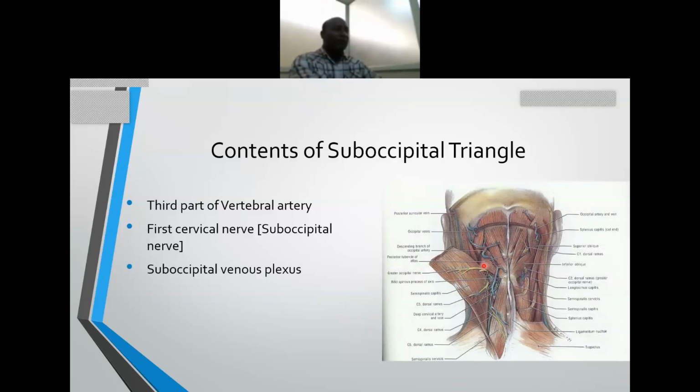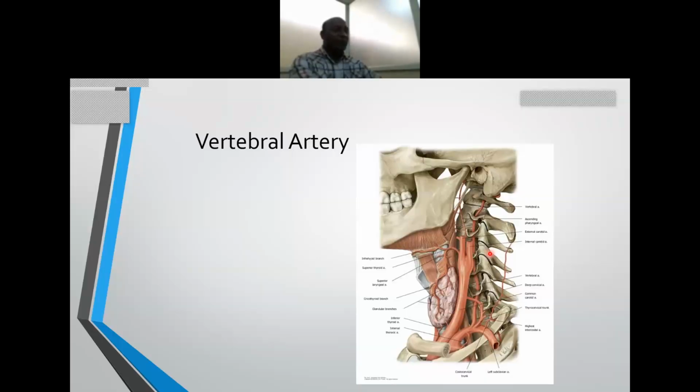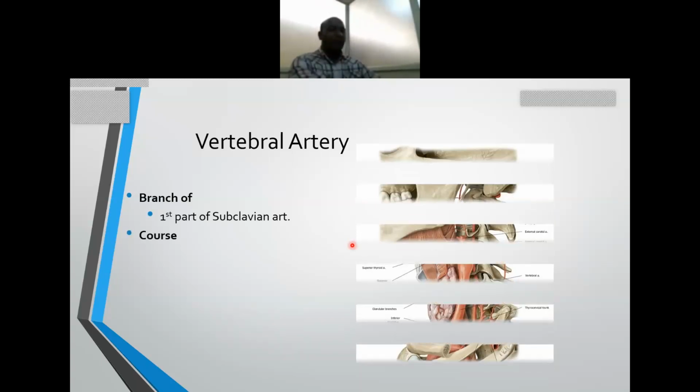Then you have the suboccipital or the vertebrobasilar venous plexus. The vertebral artery, which is a branch from the first part of the subclavian artery, enters the transverse process of the C6 vertebra, then ascends up in the foraminal transverse area to the transverse process of the atlas, then goes back on the posterior arch of the atlas to appear in the suboccipital triangle.